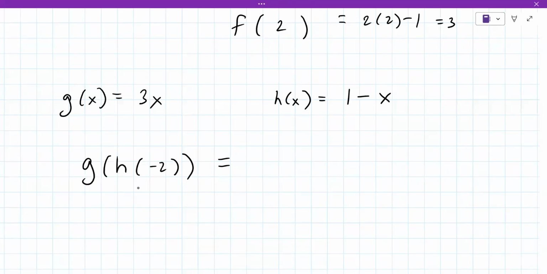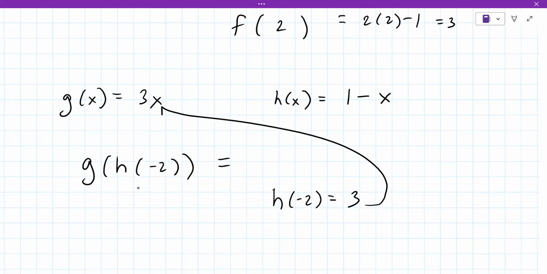So first, what is h of -2? h of -2 is 3. Good. And then that goes back in the other one. And then that one is 9. Very good.